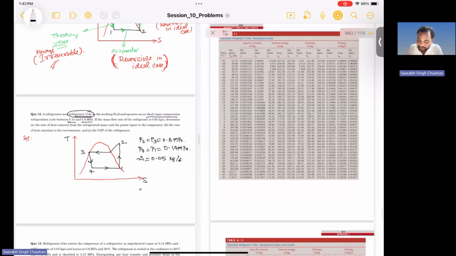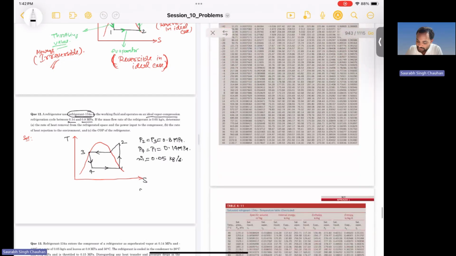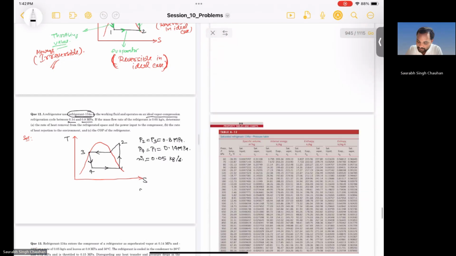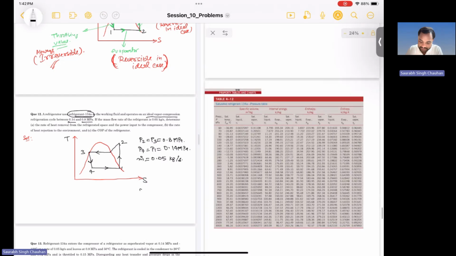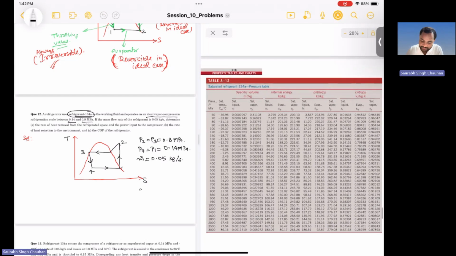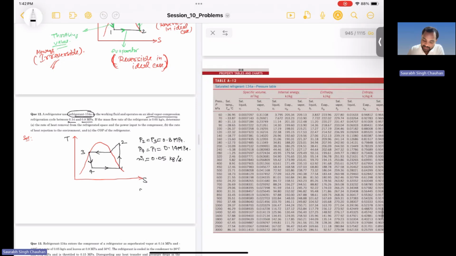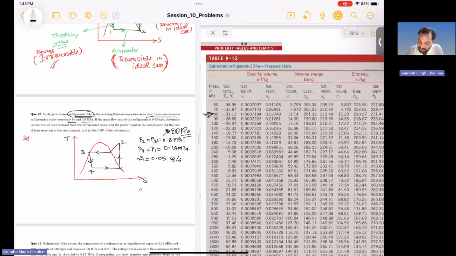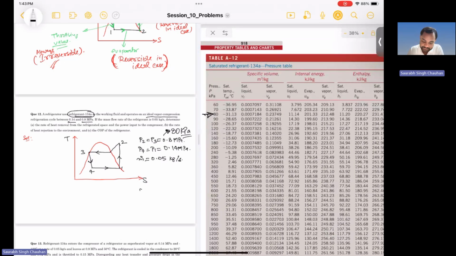Okay, here it is. This is temperature wise, and this is pressure wise. We have to check at 8 megapascal. That is basically 80 kilopascal, correct? So at 80 kilopascal, what is the enthalpy of saturated gas?